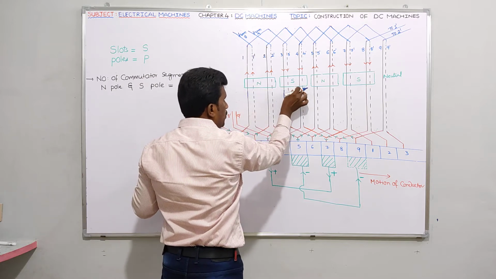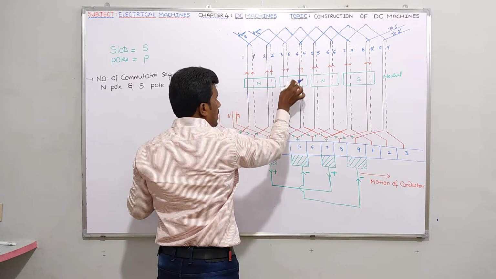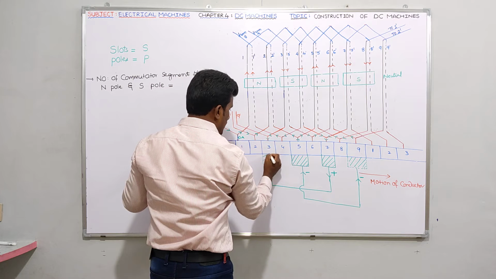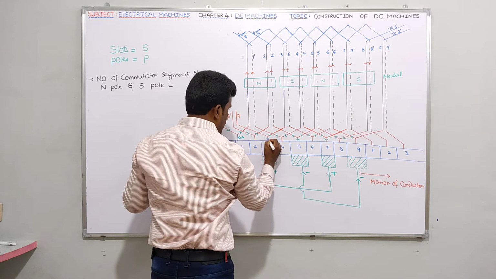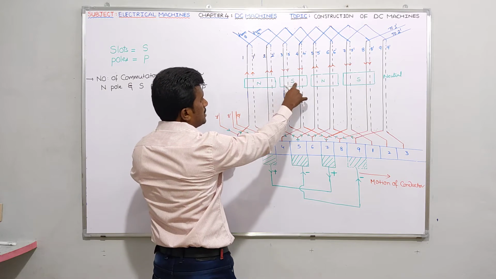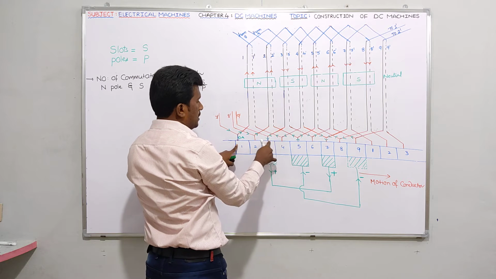Under the south pole, take slot number 3. This 3 is the top conductor, connected to the third segment.